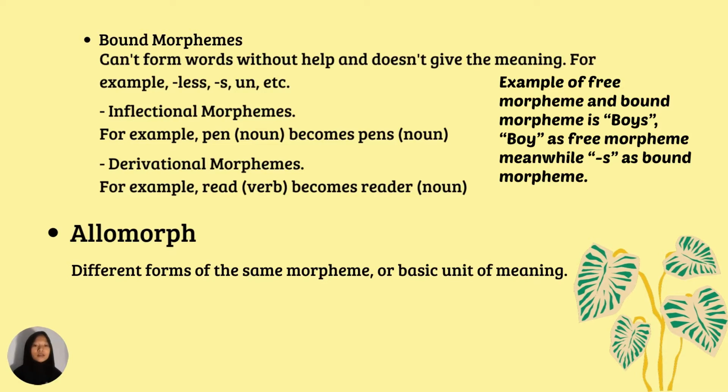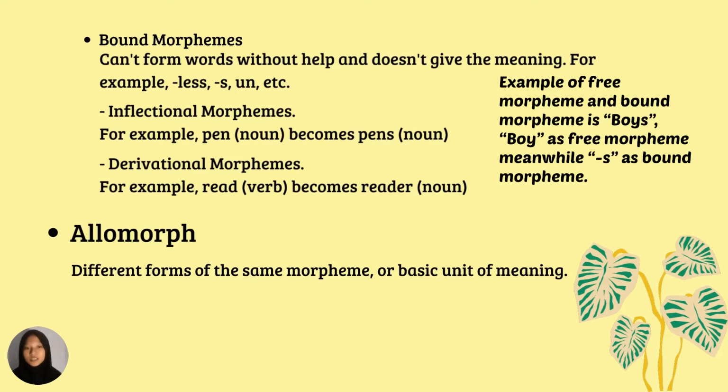Pen, the first word, means one or singular, and the second word, pens, means plural, but the part of speech is not changed. It's still the same. It's still a noun.